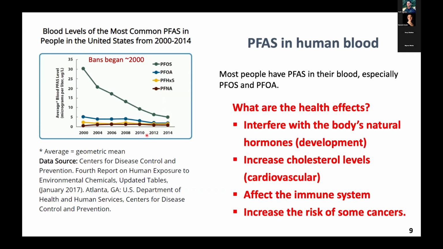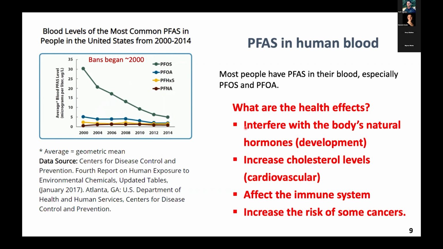And so we might expect that the other ones are going up. I don't have the data for the other ones, but we can imagine that some of the other ones are going up. So why do we care about PFAS in human blood or anywhere in the human body? And here's a list of known health effects. Now, I'm not a medical person.